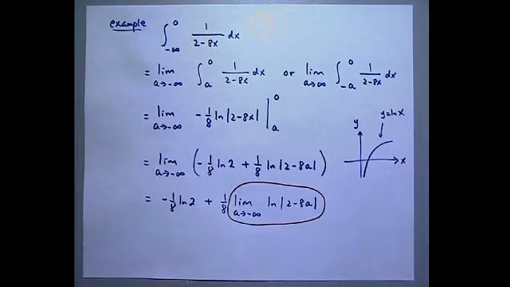Right? So as you see, he stated it perfectly. It grows very slowly, but it does continue growing. When x becomes awfully big, the natural log of an awfully big number is another big number. So this goes to infinity.